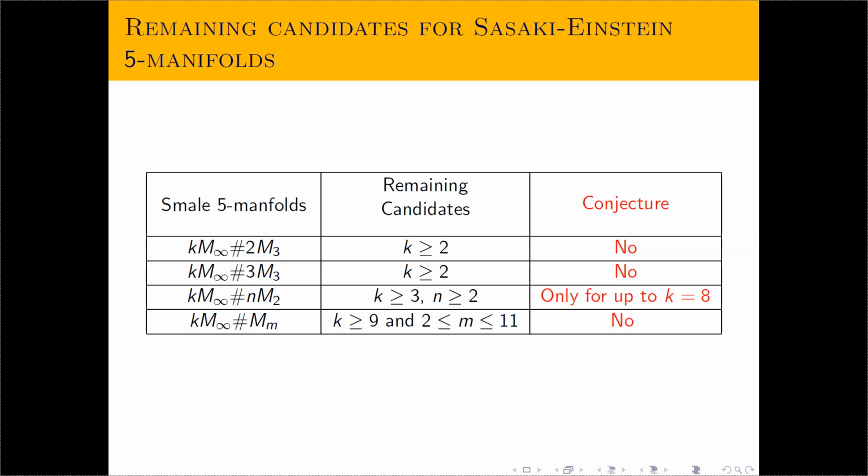And for this third type, we guess that only up to K equal to 8 they allow the Sasaki-Einstein metric. If K is bigger than 8, then no way. That's our guess.